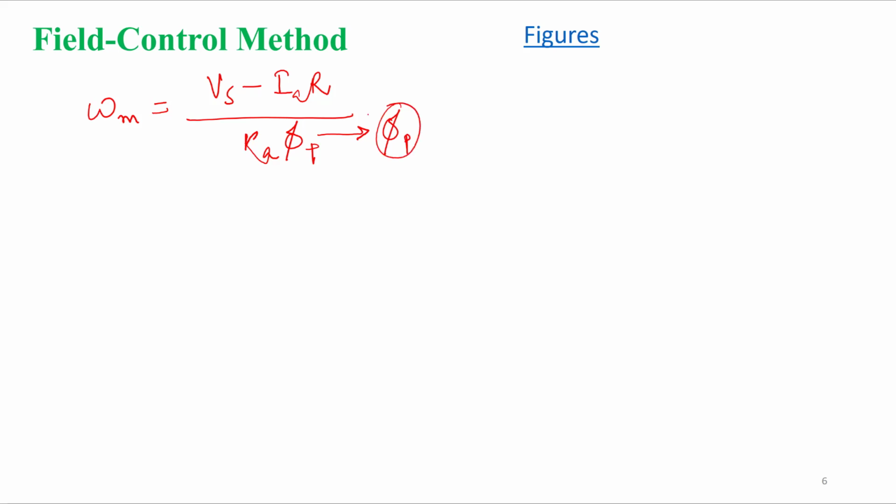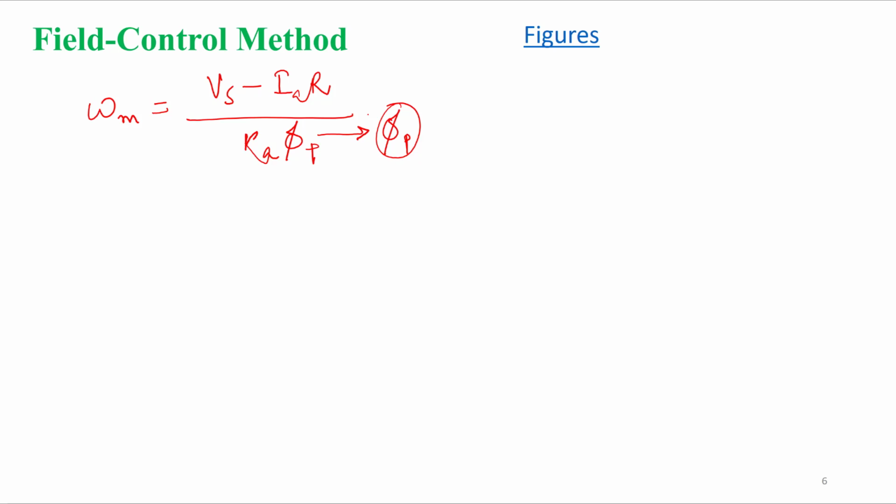Now if we see the field control method, we have already seen the equation. That equation says omega m is equal to (Vs minus IA R) divided by Ka phi P. In the field control method, if we can adjust the flux per pole, then we can easily achieve the control.